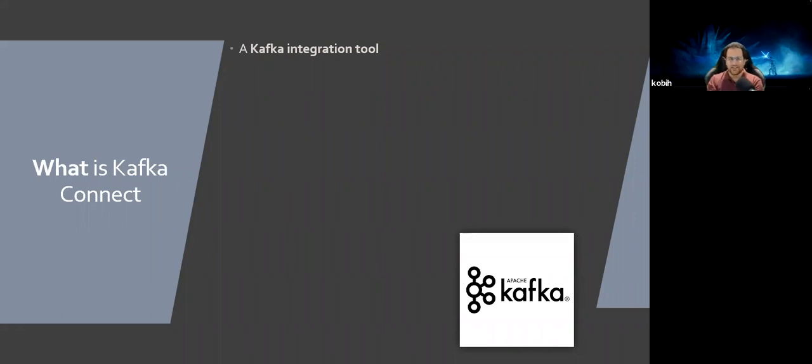It's centered around Apache Kafka. It uses its capabilities and extends on them. And that's the most important thing to understand. It's a Kafka integration tool. It allows us to import data into Kafka and export data out of Kafka.